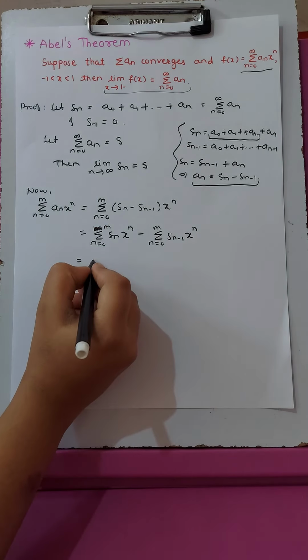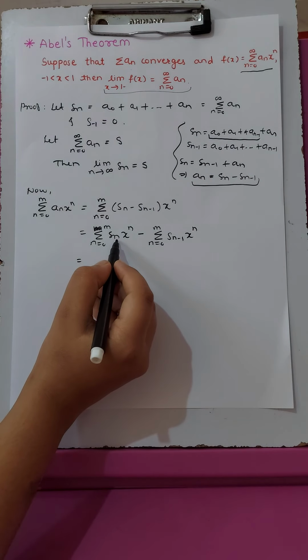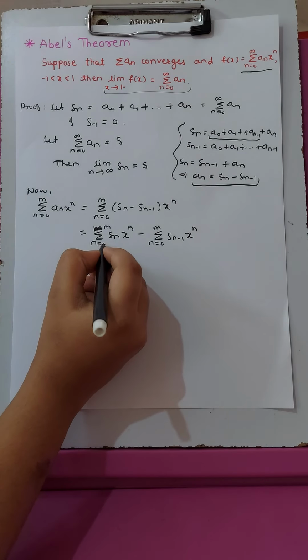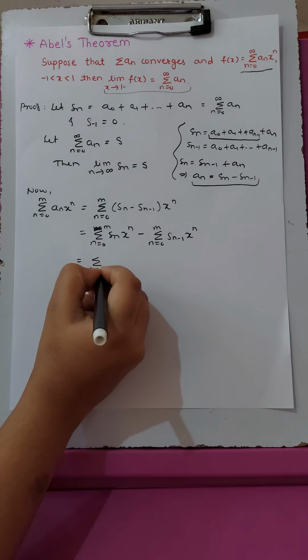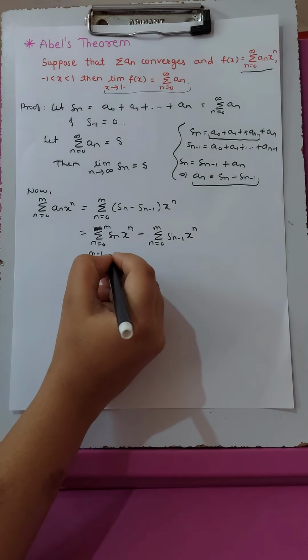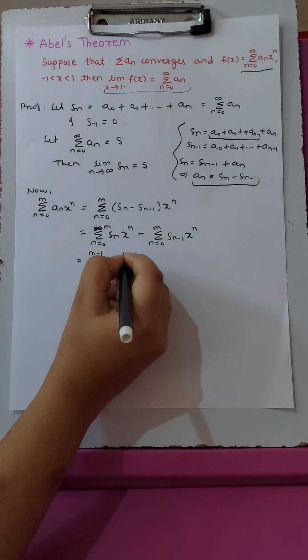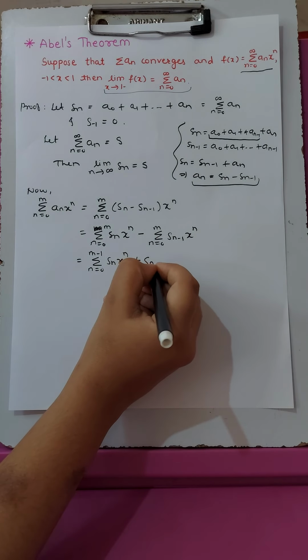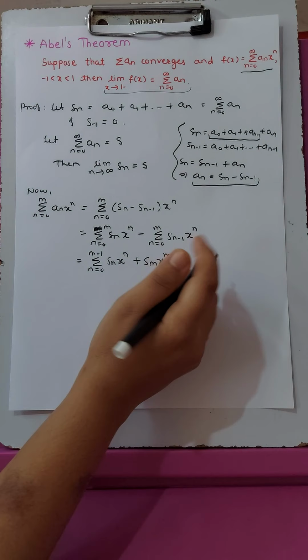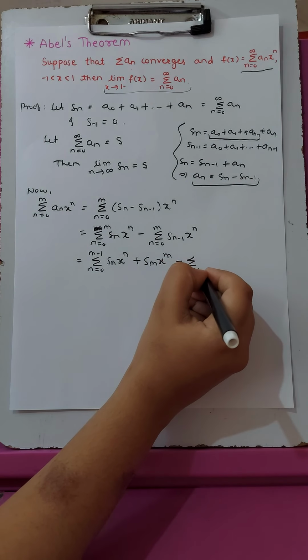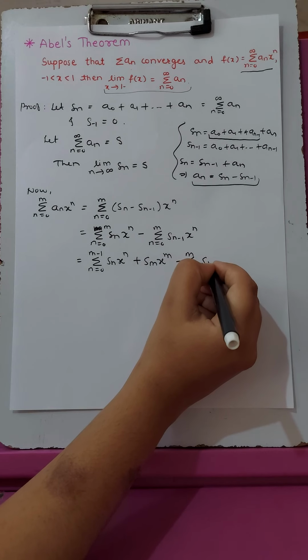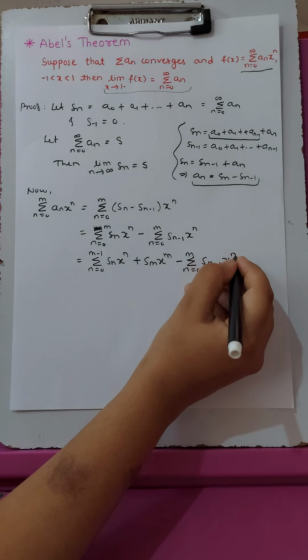Okay. So now we will put here n equals m. Then this summation will range from n equals 0 to m minus 1 Sn x to the power n plus Sm x to the power m, and this term will be as it is, that is summation n from 0 to m Sn minus 1 x to the power n.